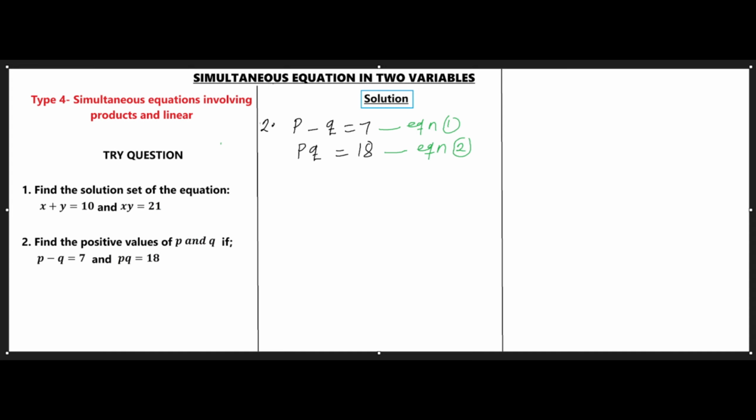Remember, you can solve this type of question by the substitution method. In the linear equation, we make one of the variables the subject. I prefer making p the subject in the linear equation, which is equation 1.